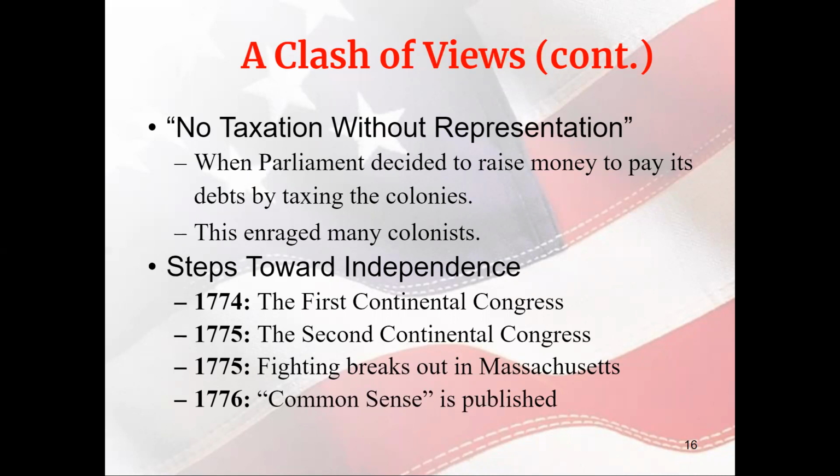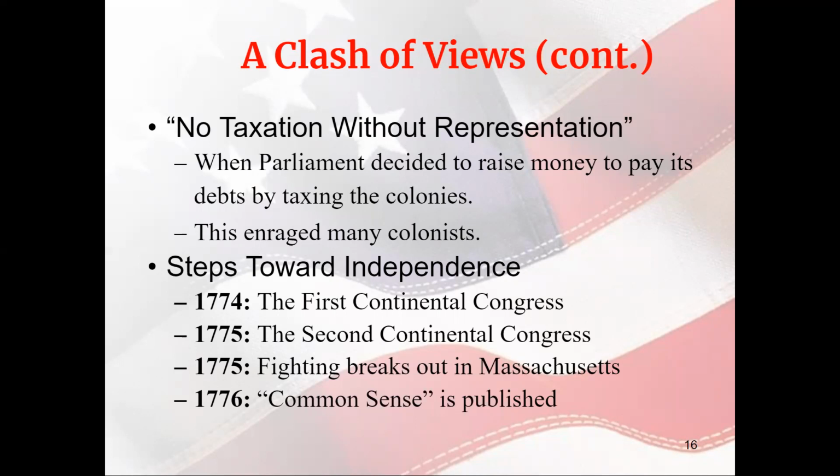How do you raise money? How does the government raise money? Taxes. Who are they going to tax? Yeah, specifically here, the colonists. So Parliament decides to tax the colonies. That's what they decide. They're going to raise money to get out of debt.